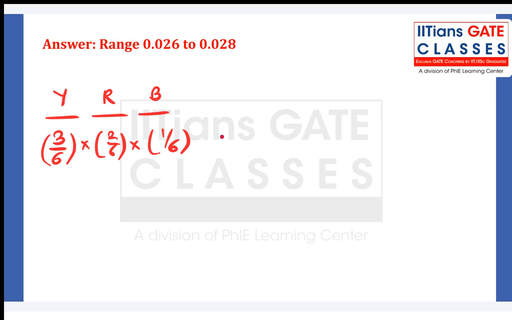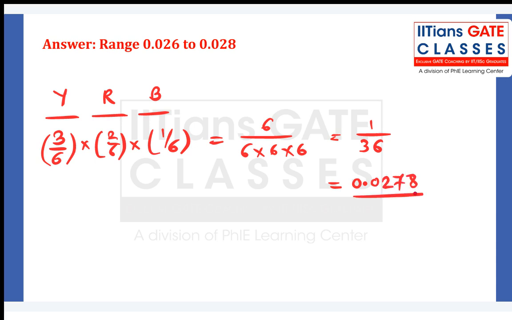Since this is the multiplication rule of probability, one event and then second, and then the total probability will be the multiplication of all those individual event probabilities. So this will be 6 by 6 into 6 into 6, that will be 1 by 6 into 6, 36. And if you do that, it will be 0.0278. Okay, and that is also within your range.